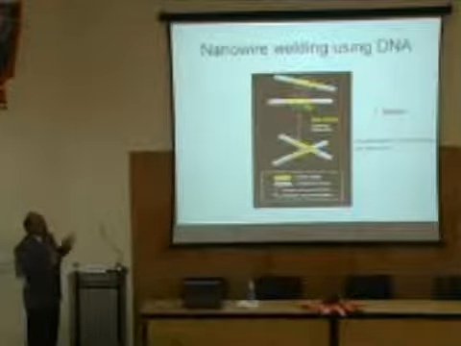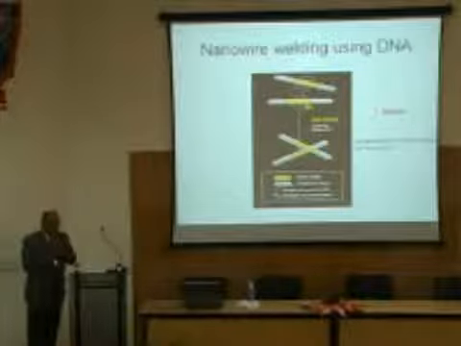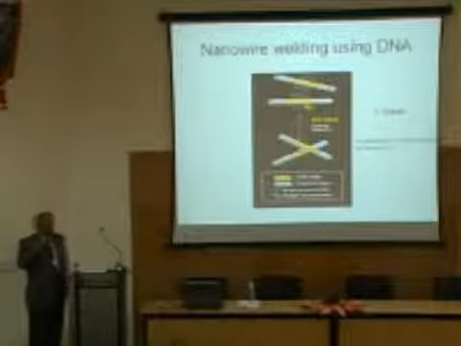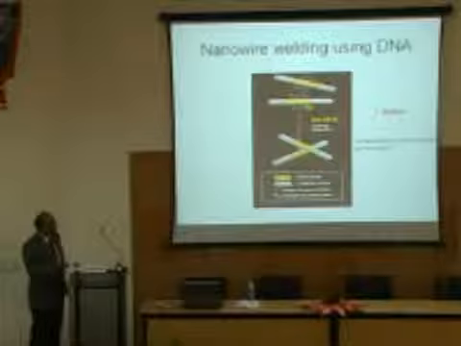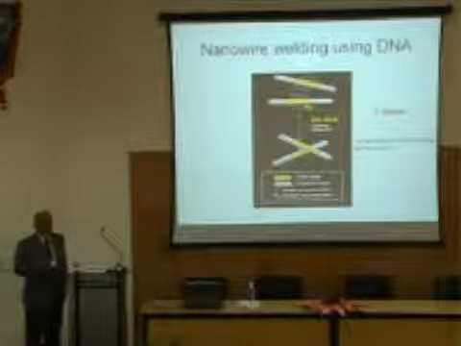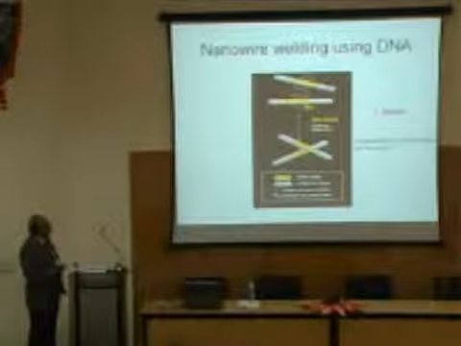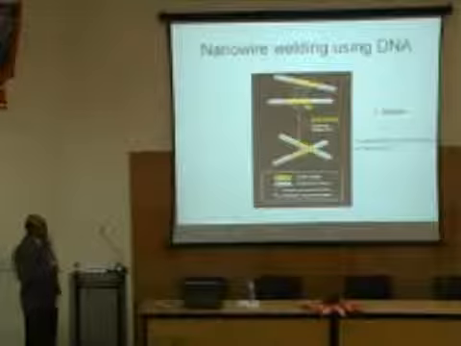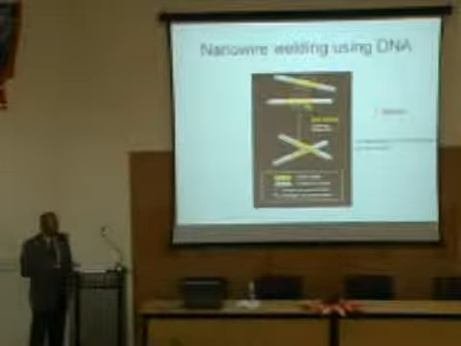It has certain kinds of addresses which can be recognized. So there is something called complementarity in DNA strands, which device people are making use of. Okay, so let me tell you what Tom Mallouk at Penn State does. He is also a very good molecular chemist working in molecular electronics.